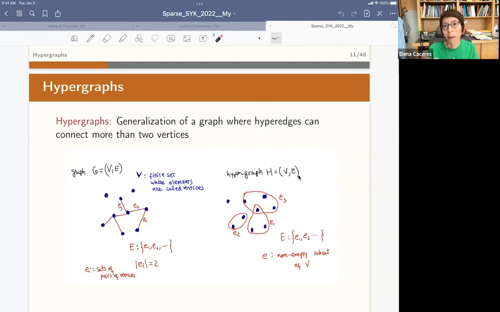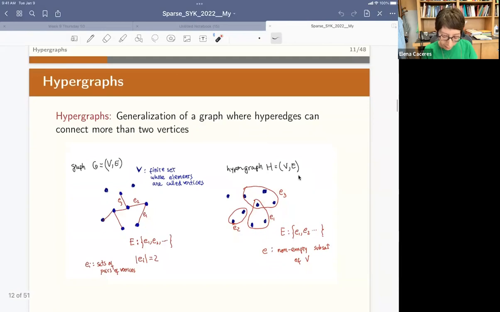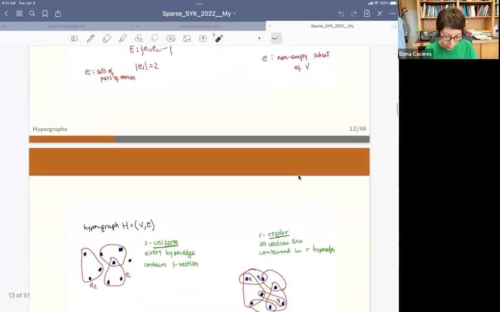You think about them in terms of set theory. All the mathematical results, people have proven many different theorems, are in terms of sets. This is just a set of vertices and a set of edges that can contain any number of vertices.